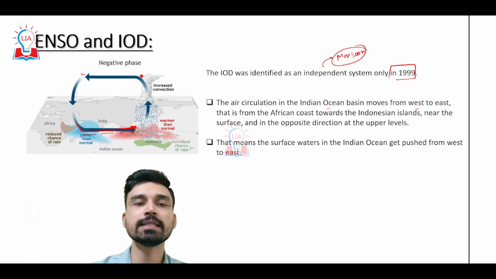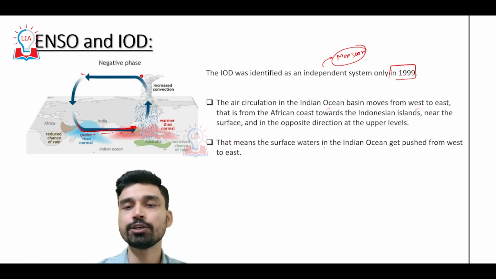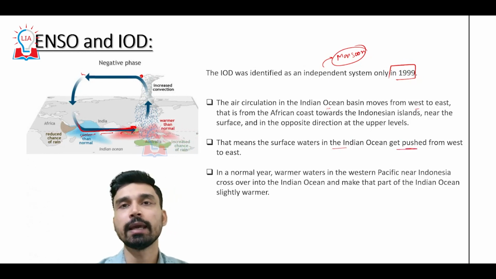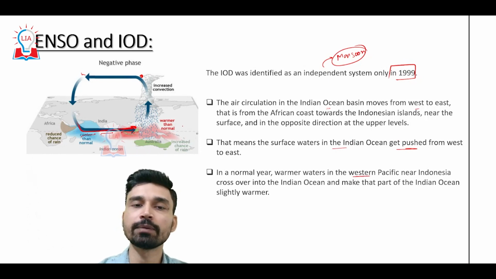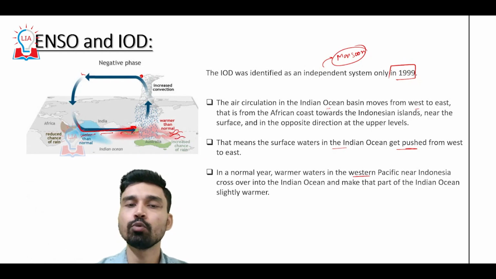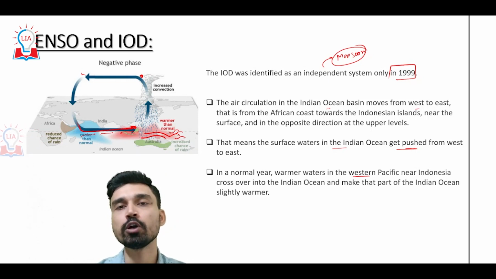Thus, a convection cell kind of system establishes itself, and due to this kind of circulation, the surface water in the Indian Ocean is basically moving from west to east, and thus in a normal year, the warmer waters of the western Pacific, where we have discussed that in the western Pacific Ocean we have warm water, enter the Indian Ocean via the Indonesian strait, that is the water bodies near Indonesia.